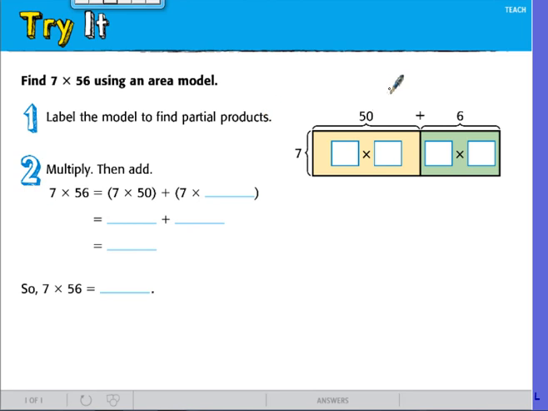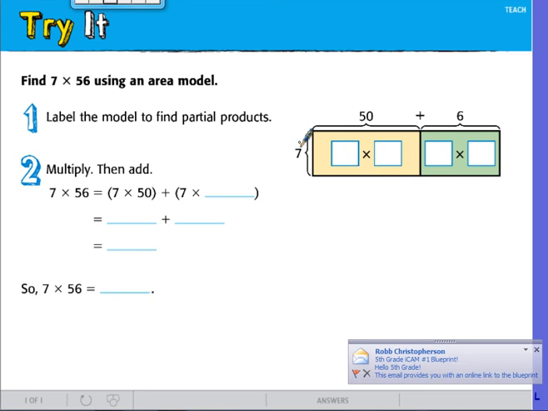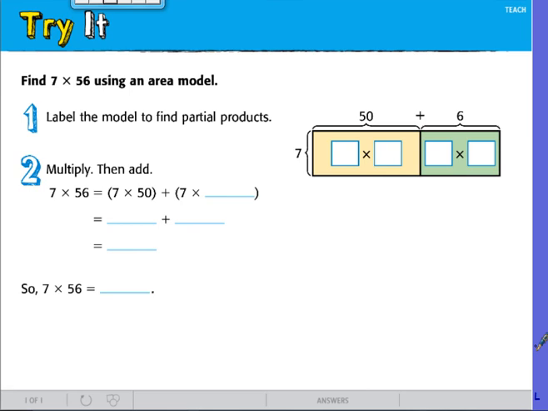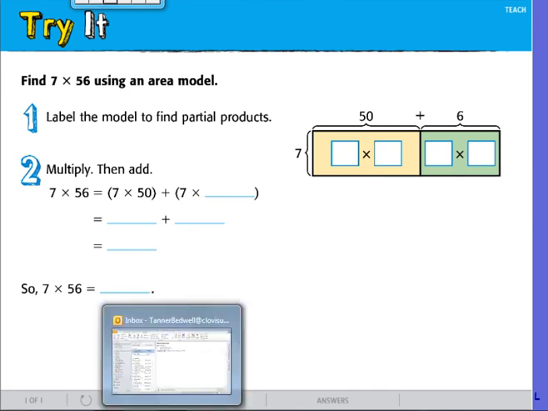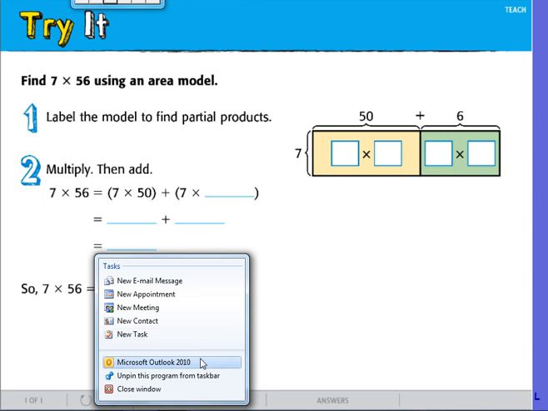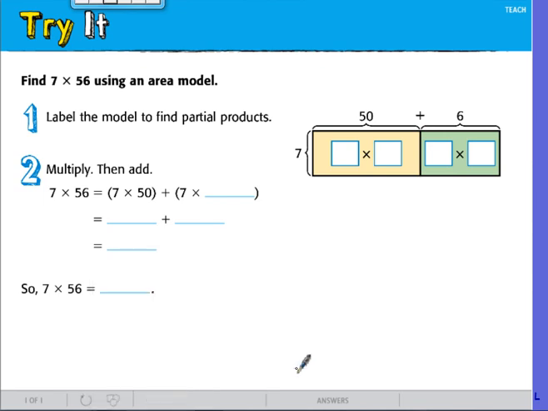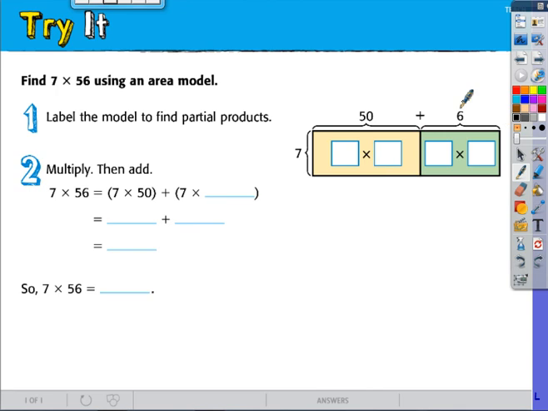Okay, and now we're going to label to find the partial products. We have 50 plus 6. So check this. This is the area model, okay? This is what they call the area model.